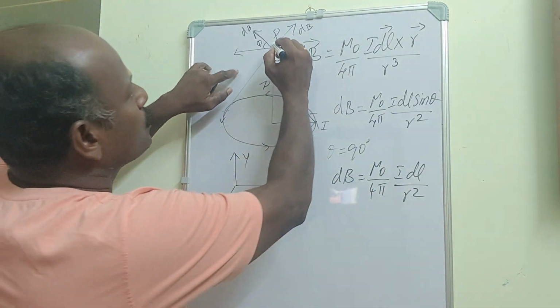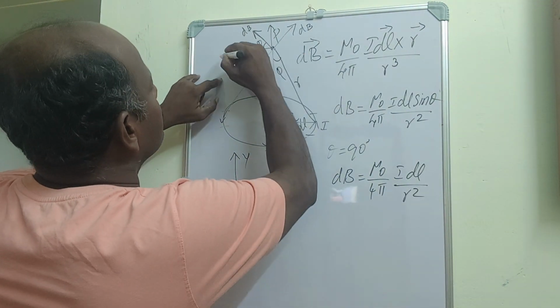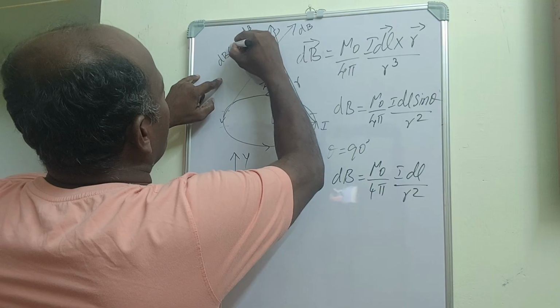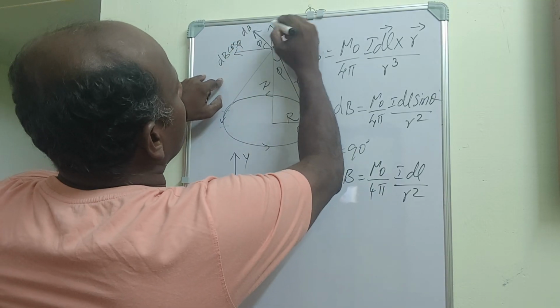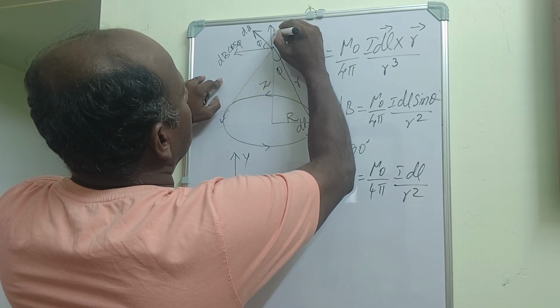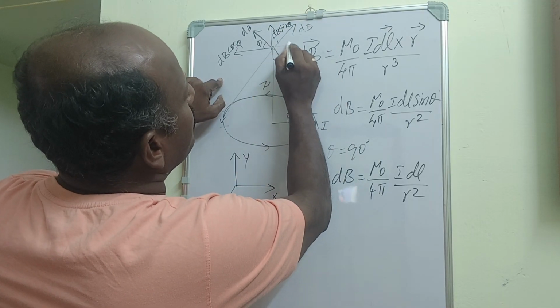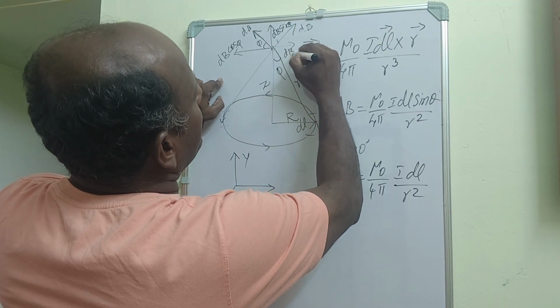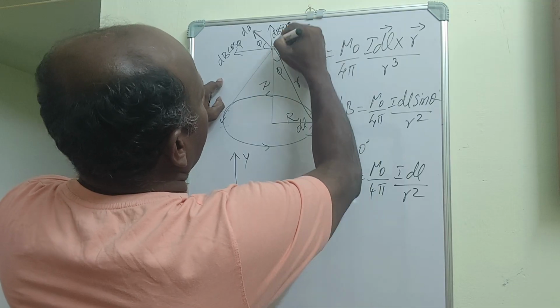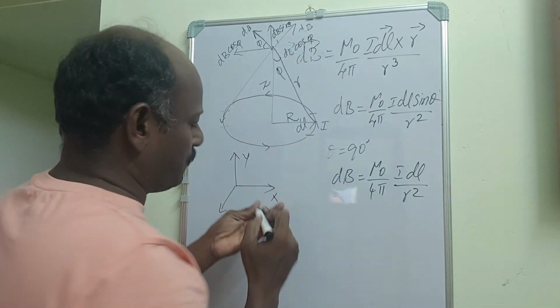I can resolve this into two components: one is dB cos phi and the other is dB sin phi. Similarly, here I can take dB cos phi and again dB sin phi.